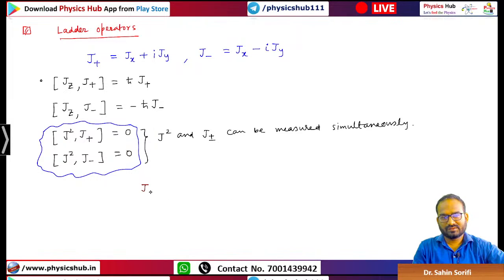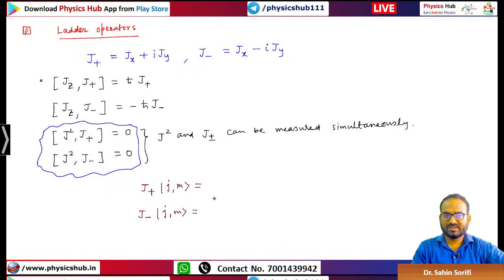So let's say the common set of eigenkets is |J, m>, the equivalent of L and M. J plus on |J, m>, J minus on |J, m>, where this ket |J, m> is the eigenket. So this J plus, while operating on |J, m>, what does it produce?